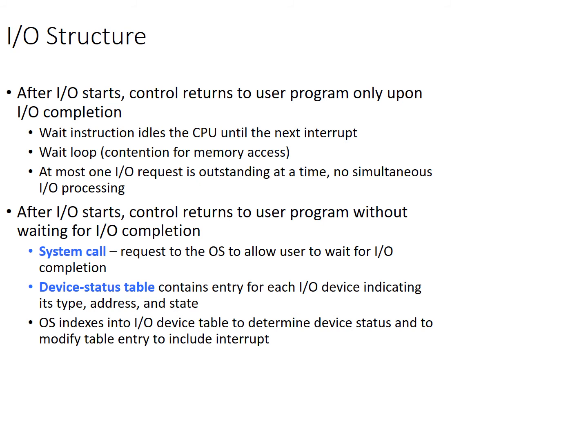Input output processing: after input and output starts, control returns to the user program without waiting for input and output completion. A system call is a request to the operating system to allow the user to wait for input and output completion. The device status table contains an entry for each input and output device indicating its type, address, and state.